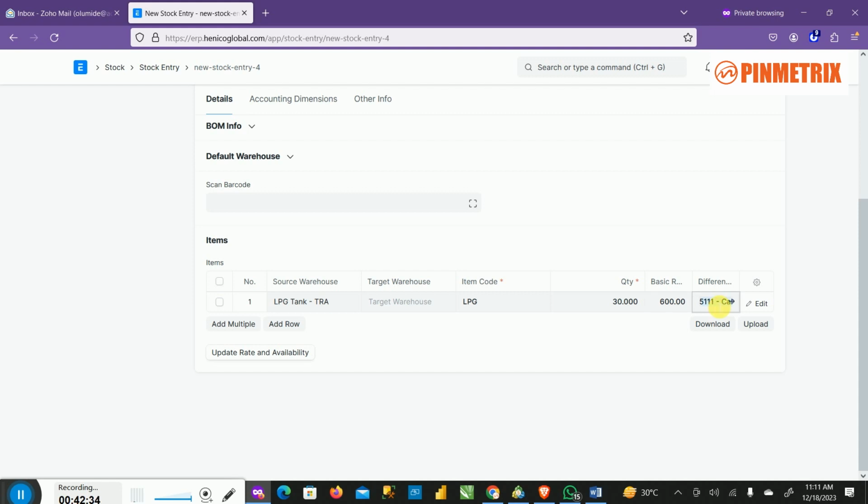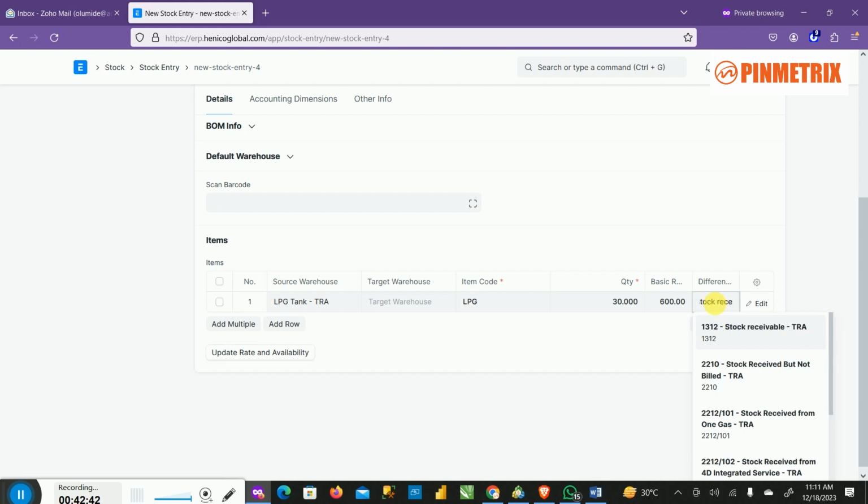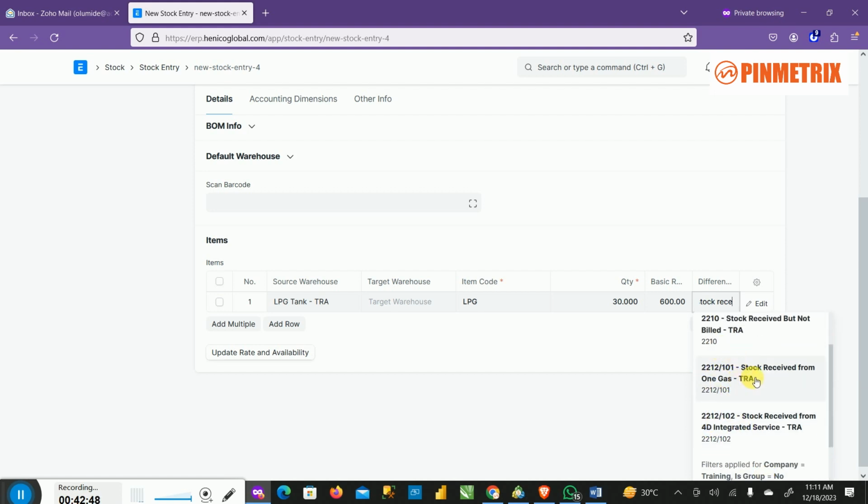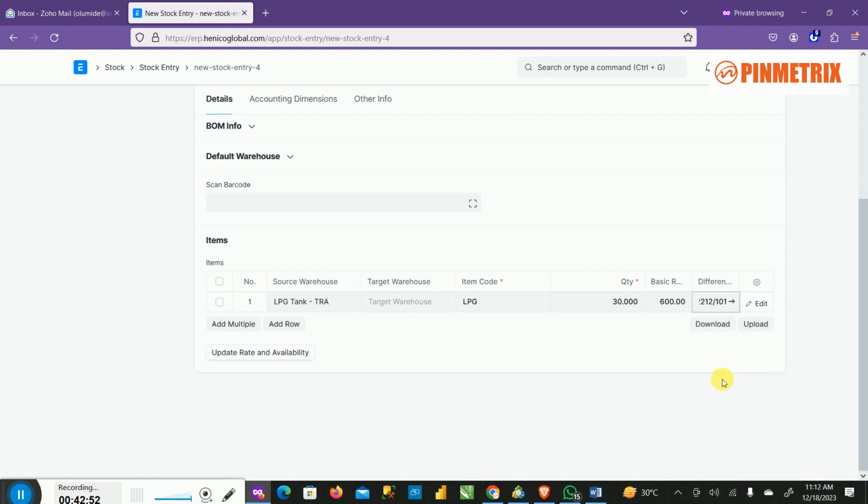So let's say this is what I mean. So I'll say stock received from LPG, from one gas. So you are returning it back to one gas.